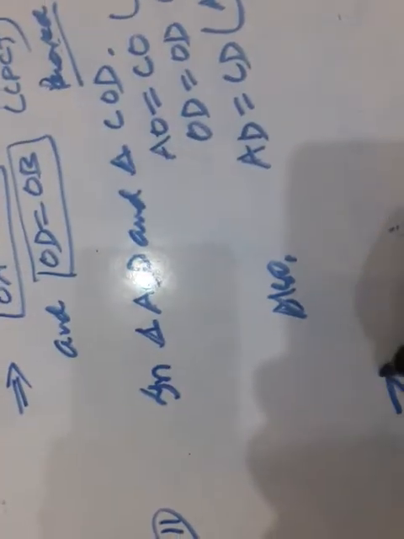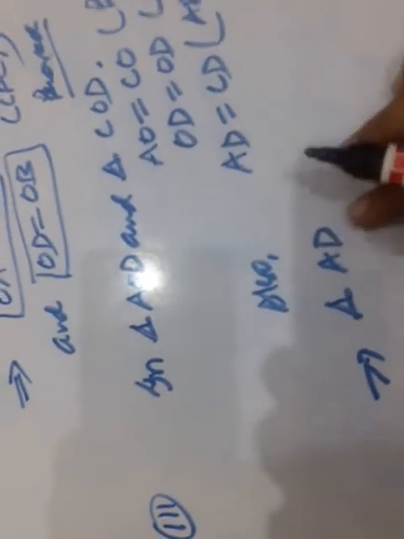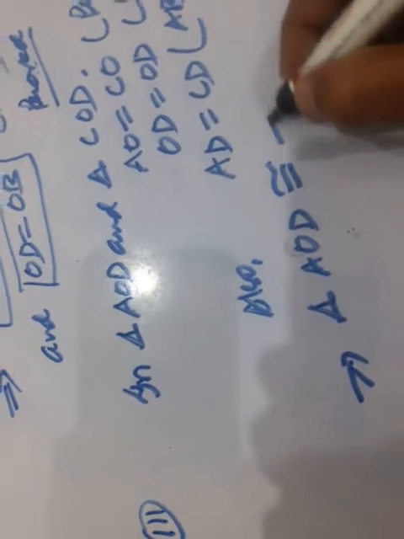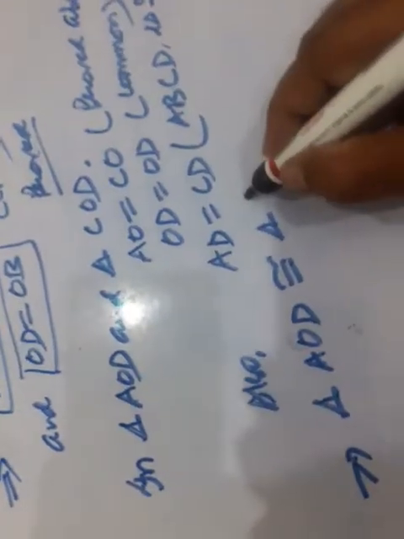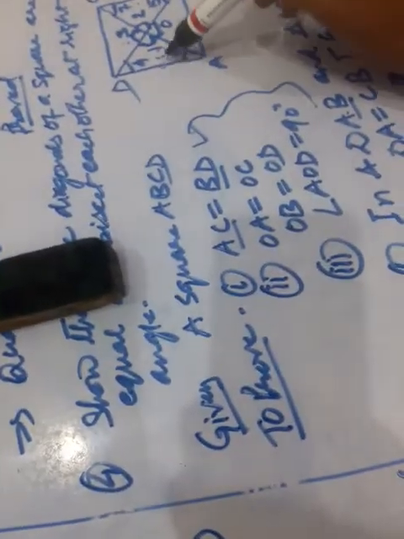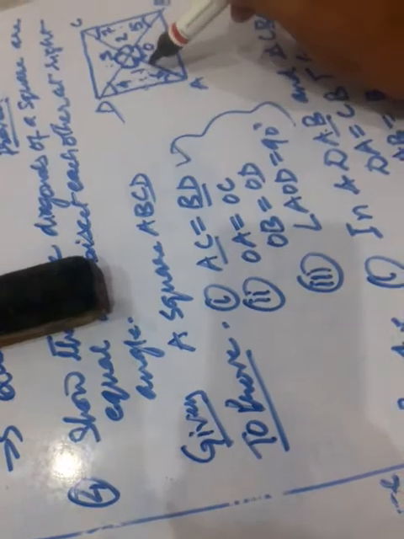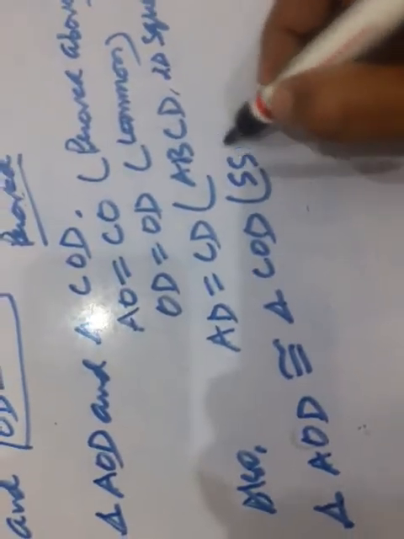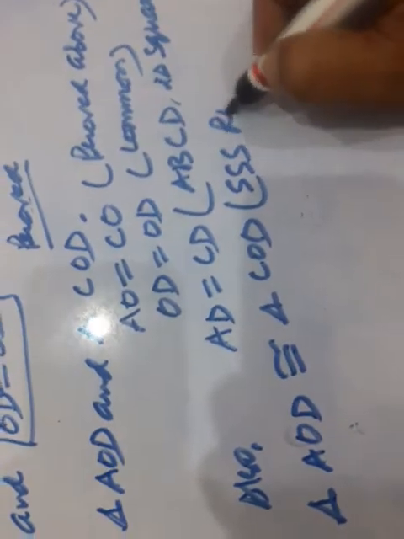This implies that triangle AOD is congruent to triangle COD. By which rule? We have shown all three sides equal, so by the SSS rule.